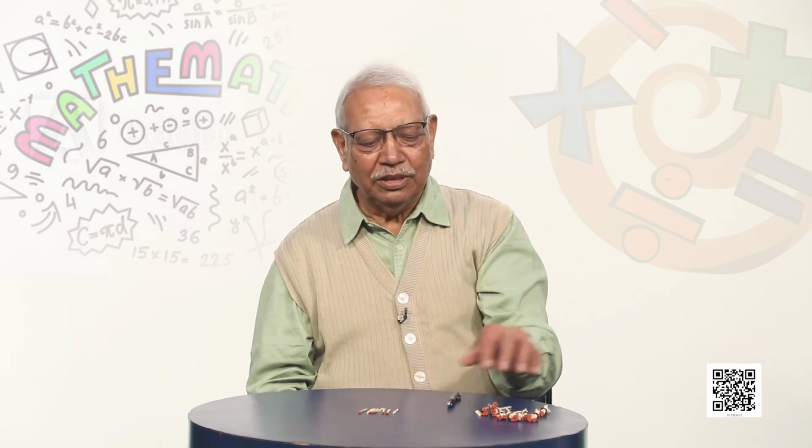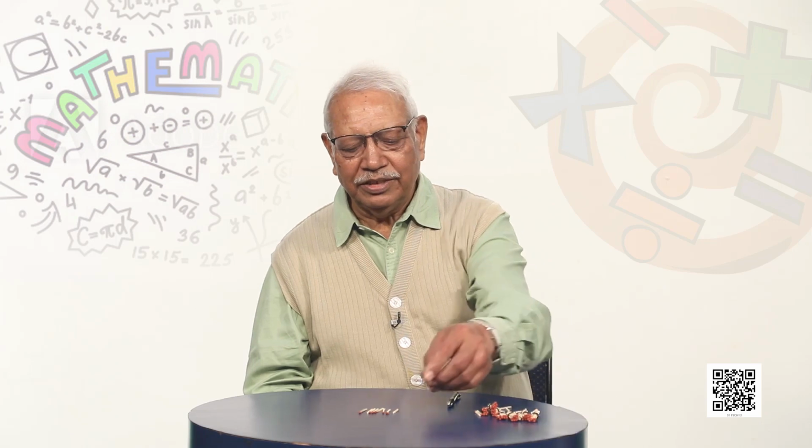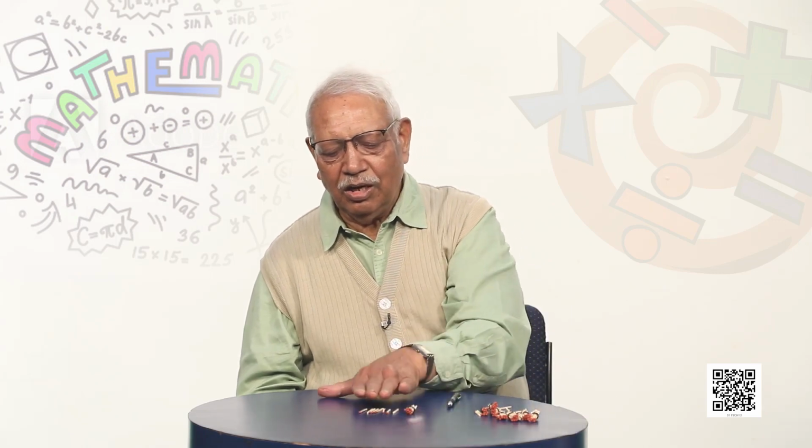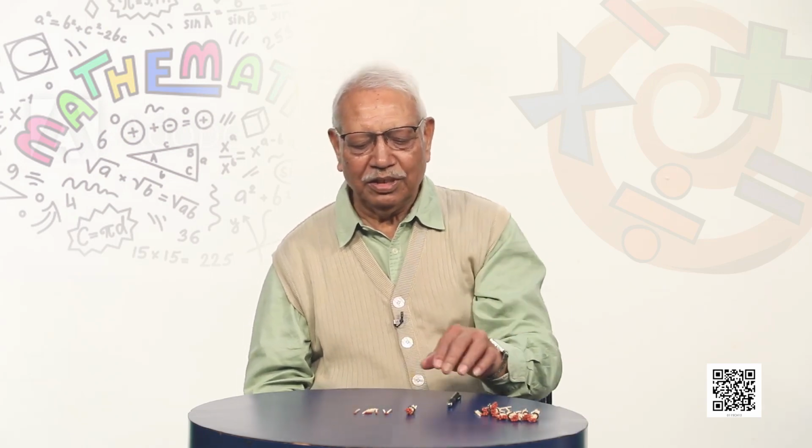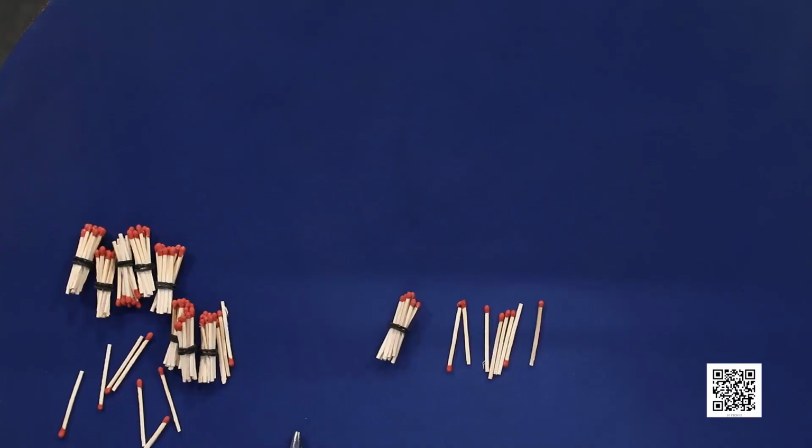Now, let's count further and say how many are these sticks. What I have done is I have put a bundle of 10 sticks also here. And so, if I ask you now how many sticks are there, how will you answer this question? This is a bundle of 10.